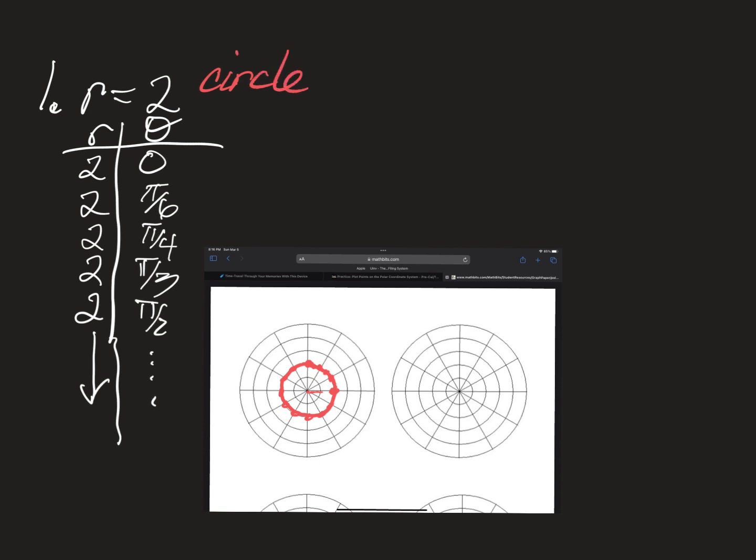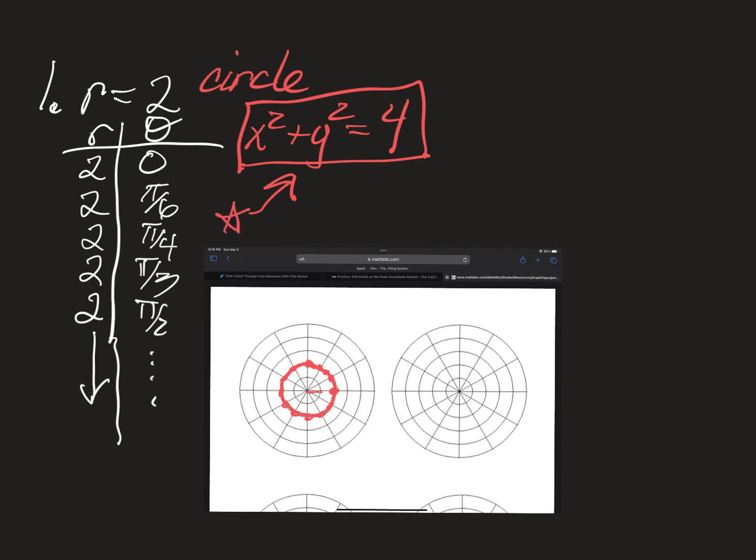Now, just remember r equals 2, and in our rectangular coordinates, we have x squared plus y squared equals 4 to graph this. Now, which equation is more complicated? The rectangular coordinates or the r equals 2? It should be obvious that the rectangular coordinates are more complicated than the polar coordinates.